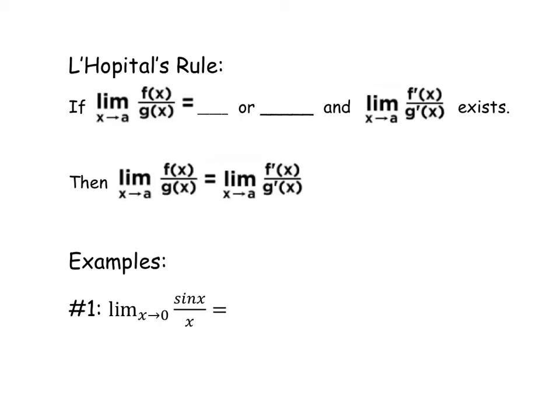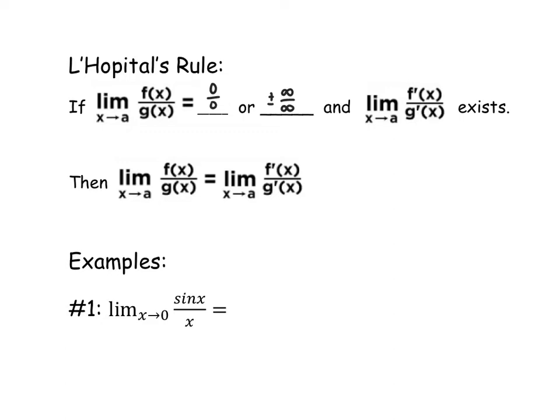So L'Hopital's rule: if the limit as x approaches a of f of x over g of x comes out to equal 0 over 0 or plus or minus infinity over infinity, we cannot say that the limit doesn't exist. We've got more work to do.